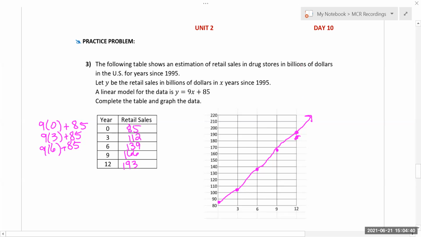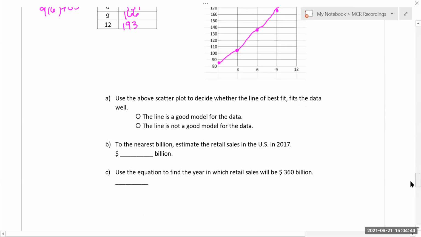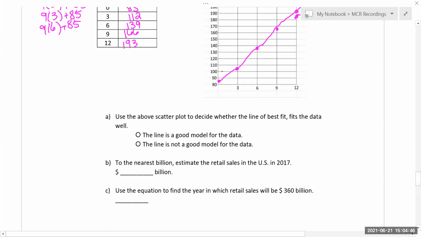So then it says here, let's go down, use the scatter plot above. Do you think the line fits the data? Absolutely, because we got the line from the data. To the nearest billion, estimate their retail sales in 2017. All right, so in 2017, we're not going to put in 2017 into it.